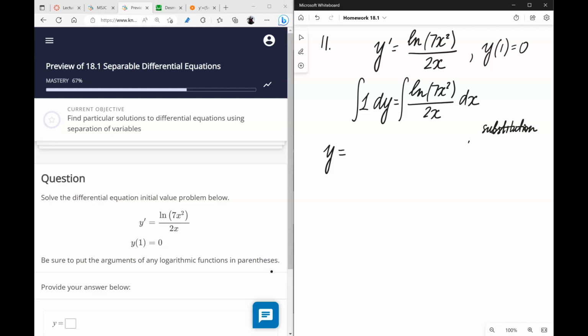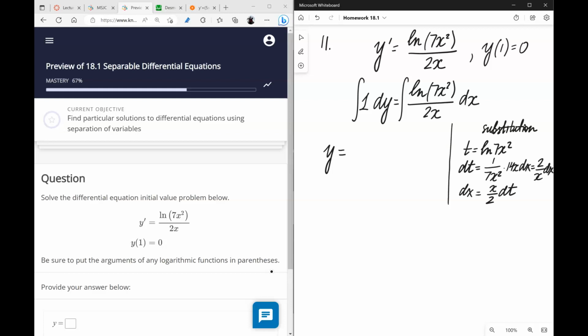And let's call t to be ln of 7x squared. So that dt will be 1 over 7x squared times 14x dx, which is 2 over x dx. So that means dx will be x over 2 dt.